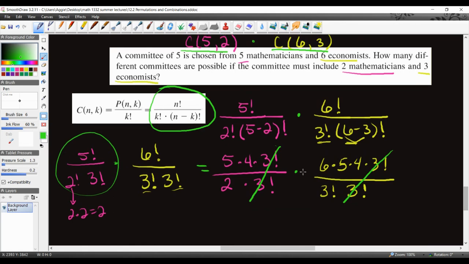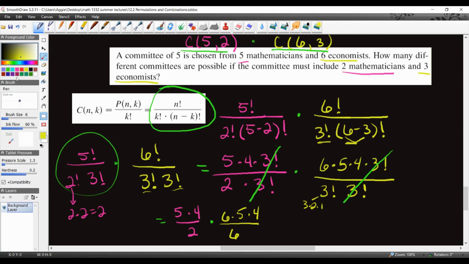Oh, I'm almost out of space here. All right, so then I'm going to end up with 5 times 4 here on the top over 2 times 6 times 5 times 4 over 3. This right here would be 3 times 2 times 1. So that's going to give me 6.